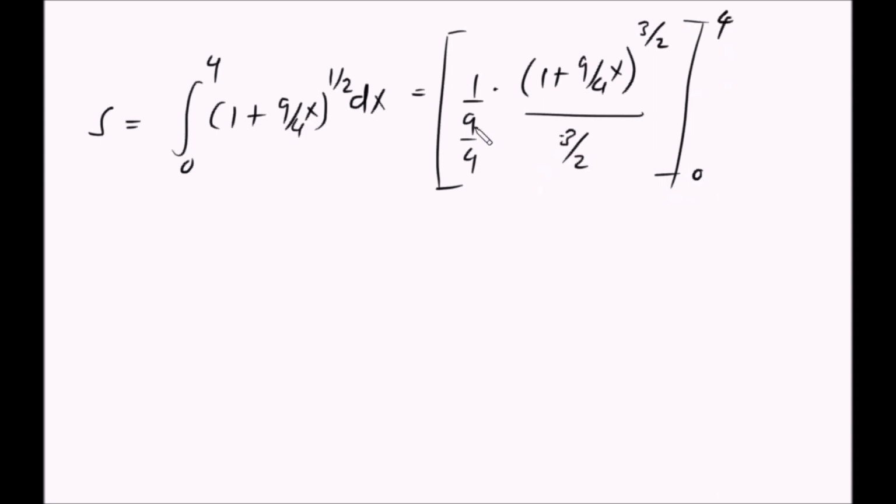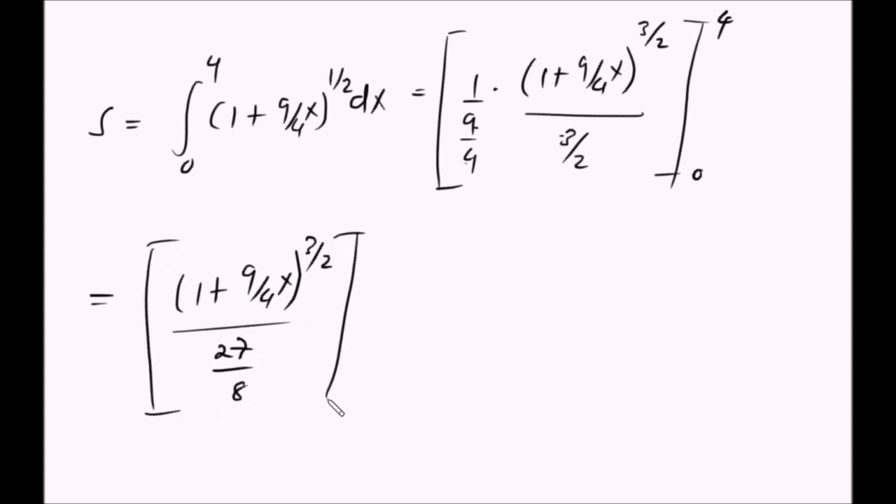So 3 times 9 is 27, and 4 times 2 is 8. So that is 1 plus 9 over 4x power 3 over 2 over 27 over 8, from 0 to 4.